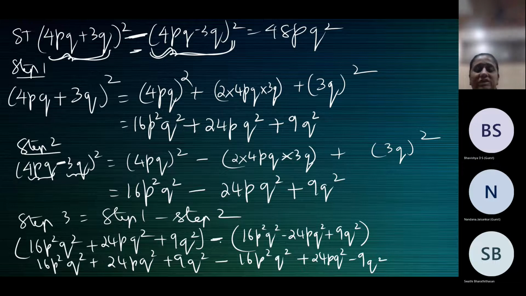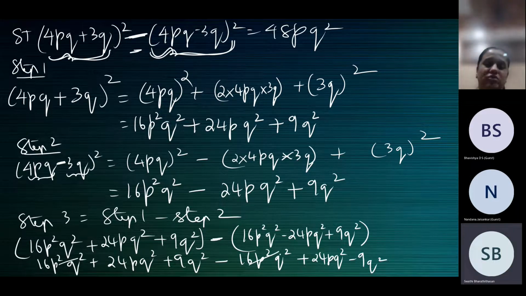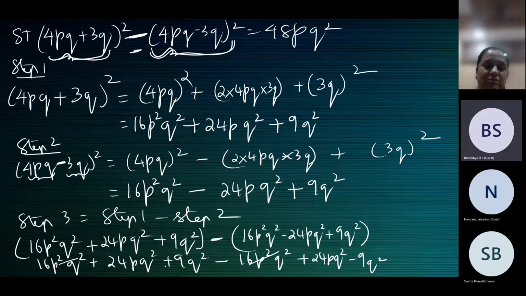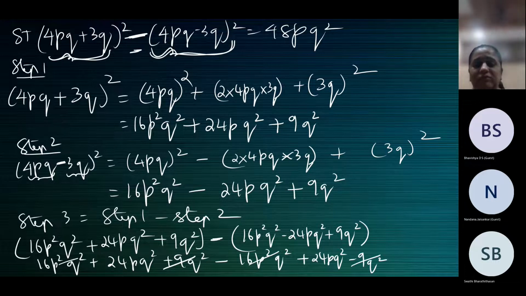Multiply that minus sign with every term inside the bracket. As Swati said, we are distributing the minus sign with all the terms in the bracket. Now, plus 16p square q square minus 16p square q square cancels. Plus 9q square minus 9q square cancels. And what is 24pq square plus 24pq square?